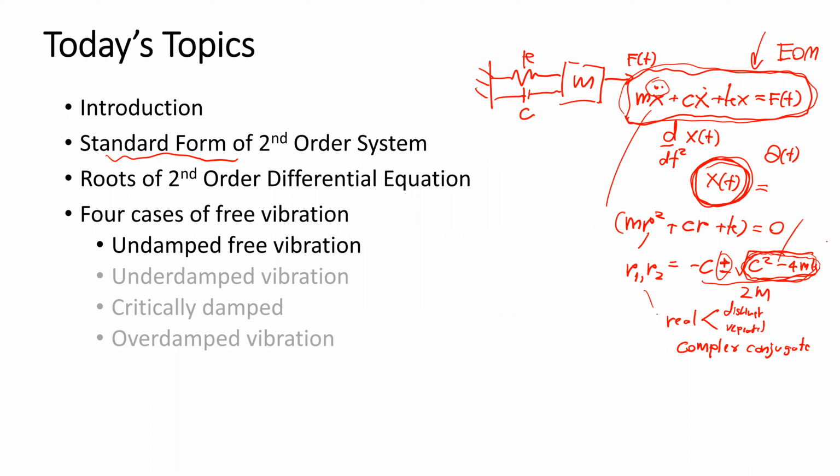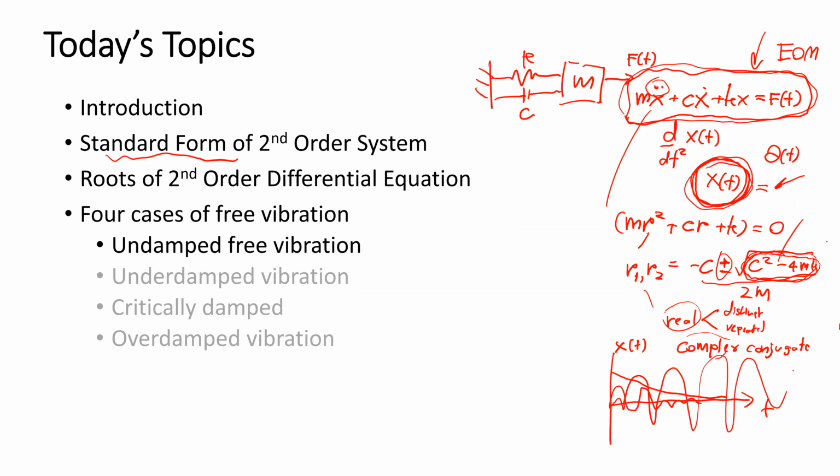So the different types of roots can be related to the characteristic of the response, whether x(t) is going to vibrate, or just decay, or increase the magnitude of vibration.